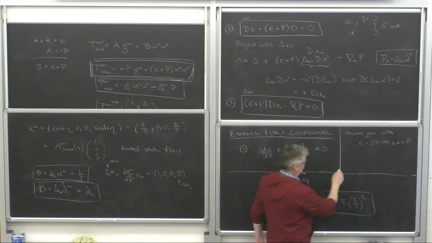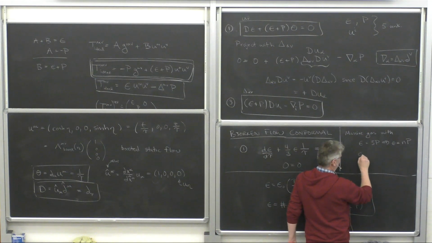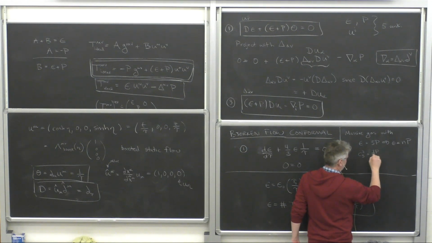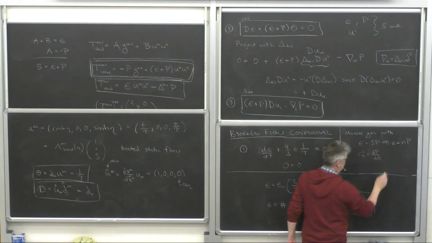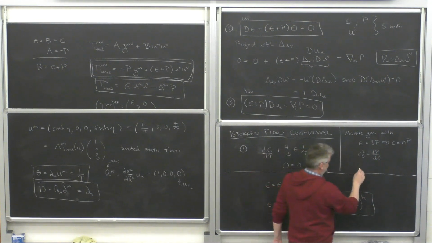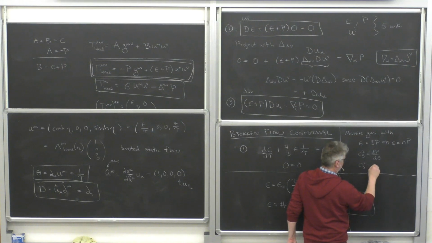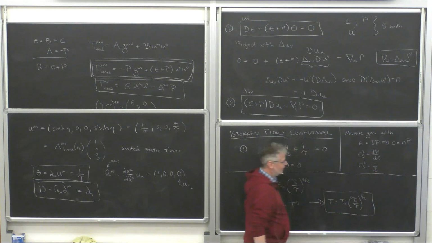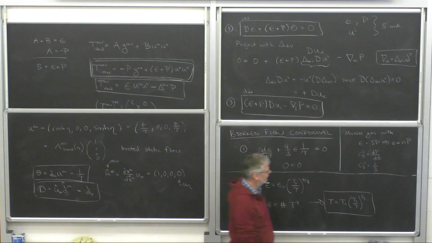Typically, we write the speed of sound, CS squared, as dP/dE. So in the conformal system, this gives us 1/3 for the speed of sound squared.